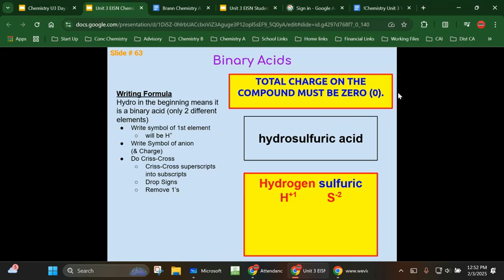What's your formula look like? H2S. Put AQ after it. Do not forget the AQ. If you do, ladies and gentlemen, it will be wrong.